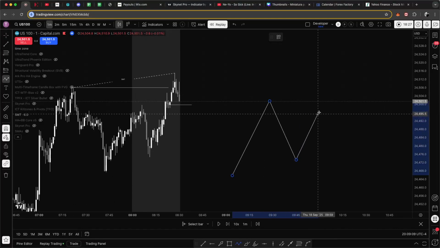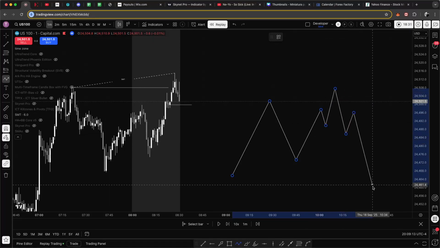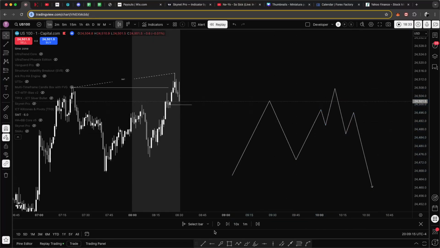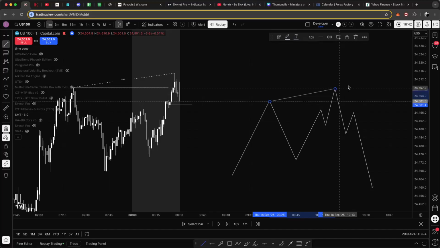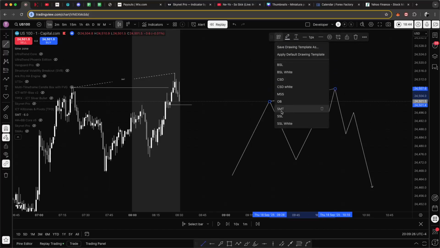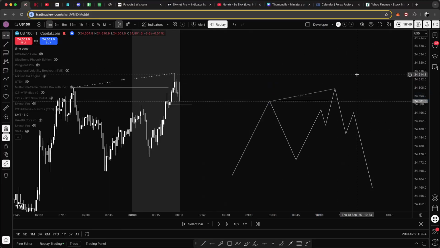Basically, when price takes a high and we have a change in state, that's a potential reversal. We spotted a liquidity sweep, and the indicator is also detecting divergence, so now it's an extra confluence.